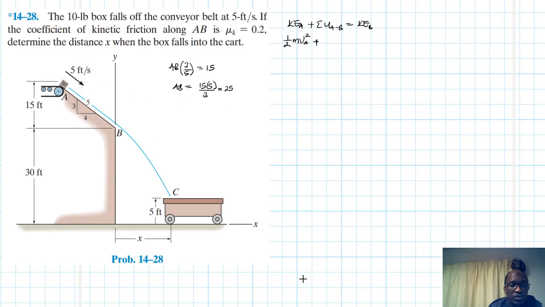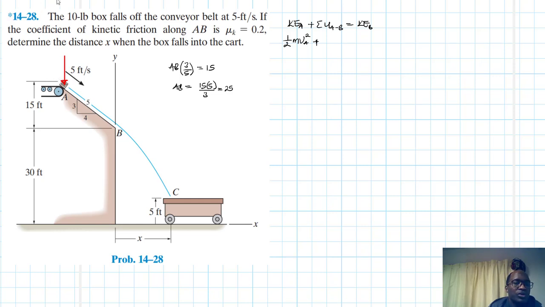And then let's add more details here. So we do have the weight. What else do we have?